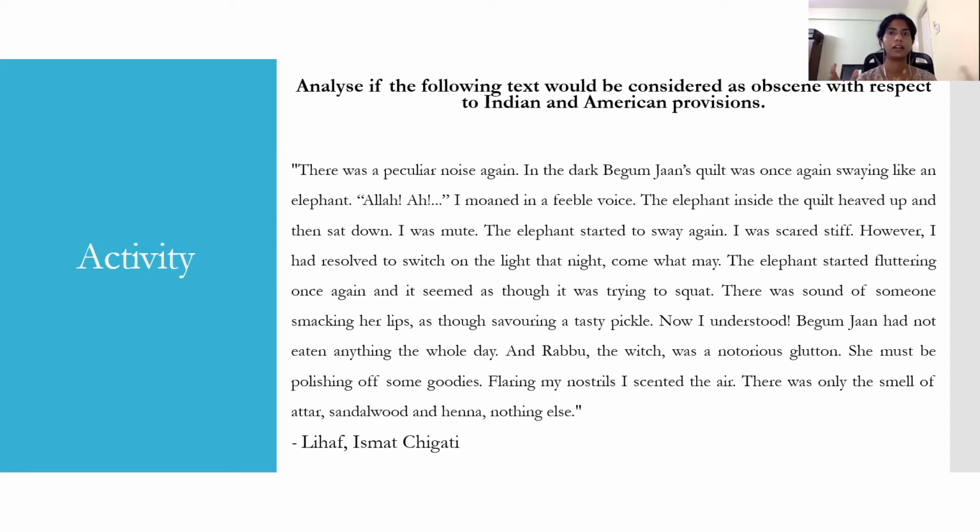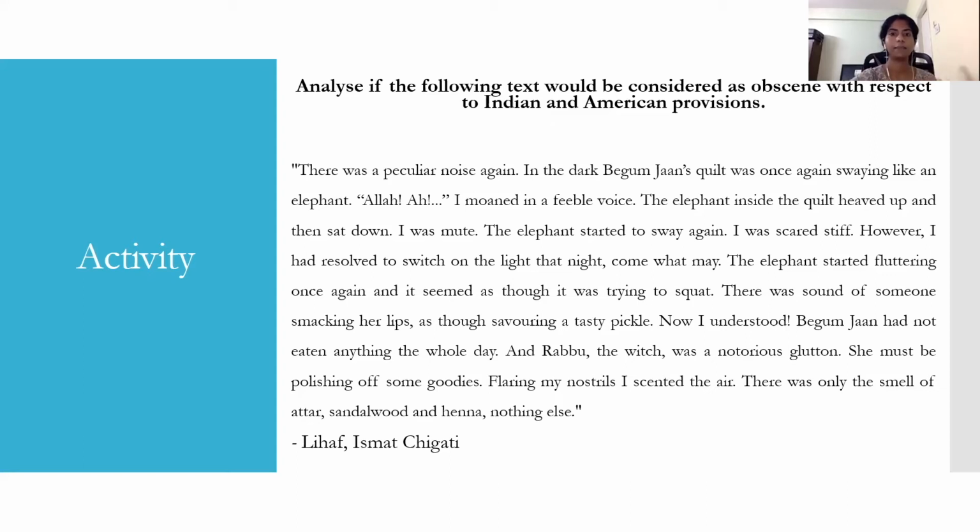That's when the other character in the story comes into play, and her name is Rabu. She's Begum Jan's masseuse, and she is called to Begum Jan's place every day. Ismat Chugtai takes us through the way that Rabu massages Begum Jan in a not very explicitly obvious way, but it tends to insinuate that they're having a sexual relationship or a hidden relationship of sorts.